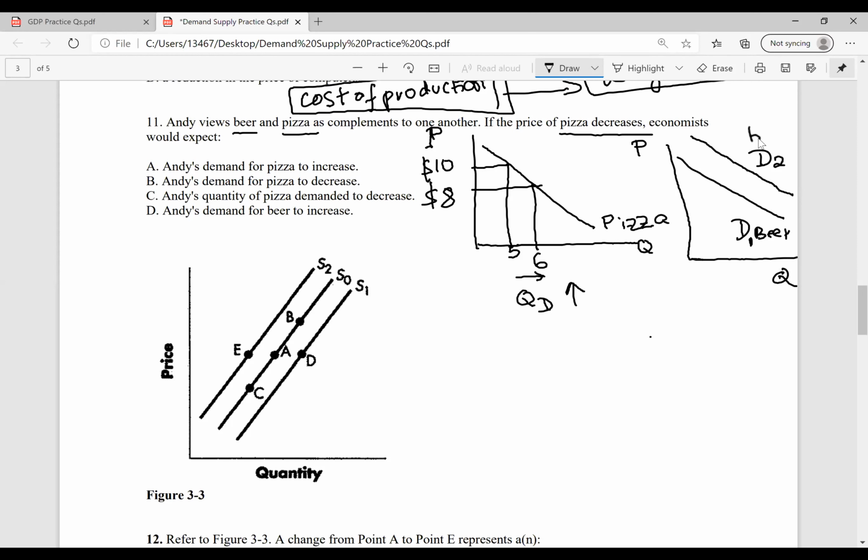So this is what happens when the price of the complement good goes down. My answer will be the demand for beer will go up. I did not say quantity demanded for beer because nothing happened along the demand curve for beer. I just shifted the demand curve for beer to the right. Okay.